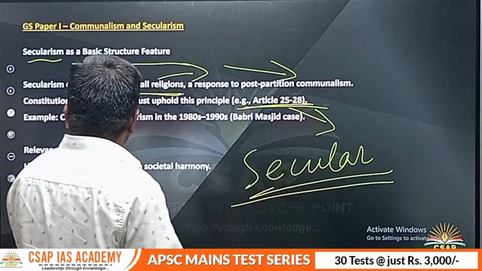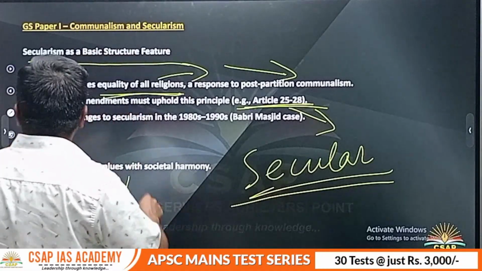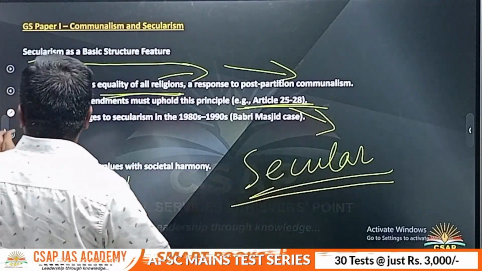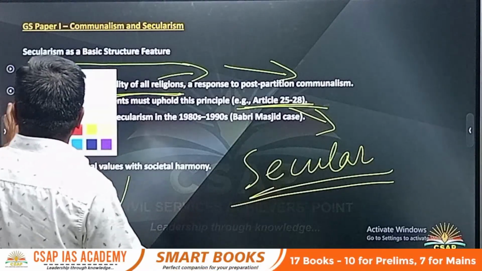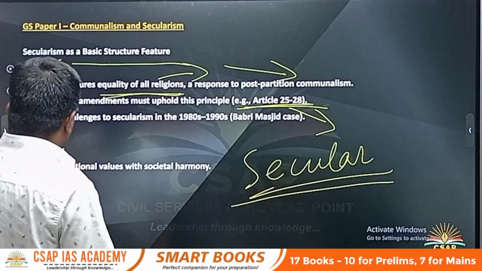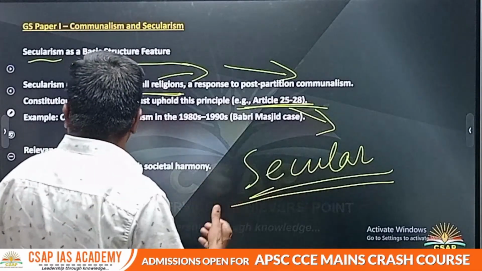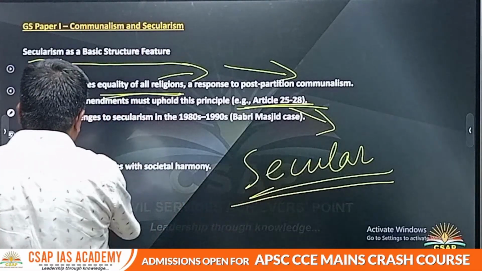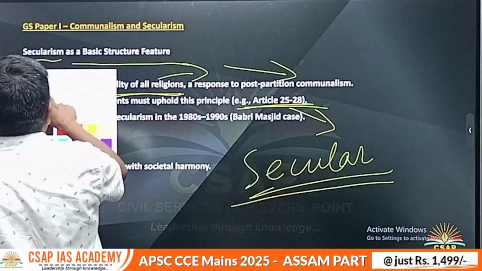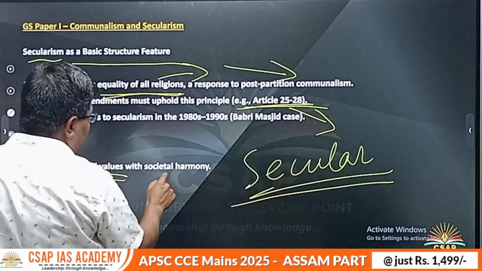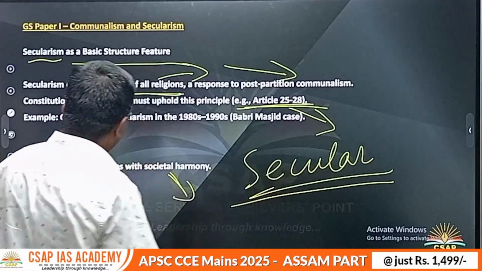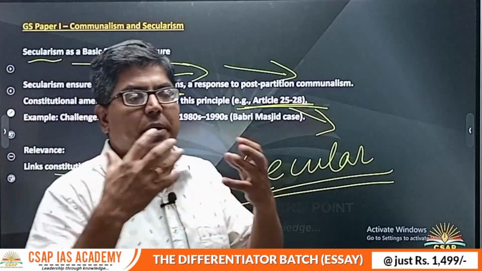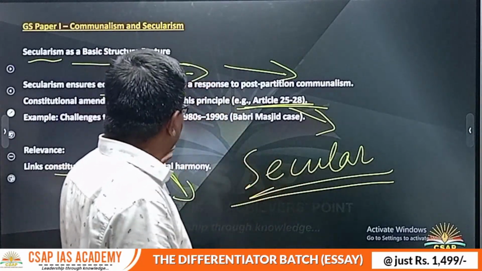All right. So basically, what we found is that the constitutional values are in sync with social harmony, that the values of our constitution are in sync with social harmony.